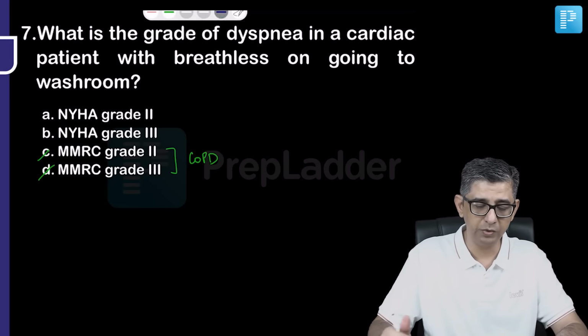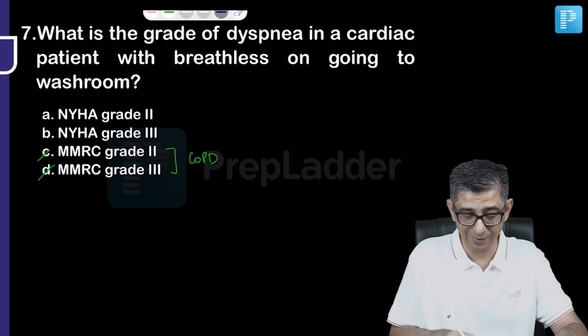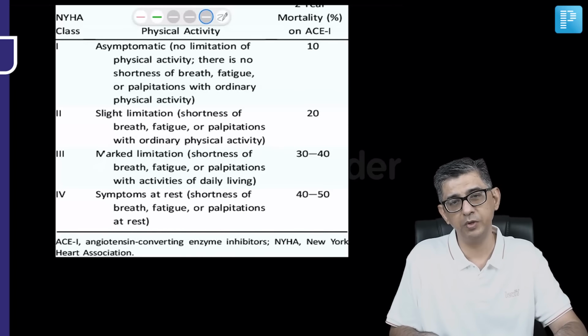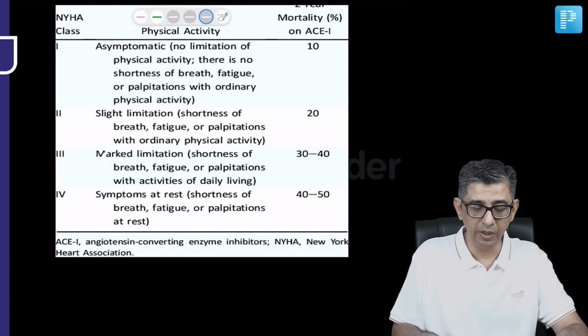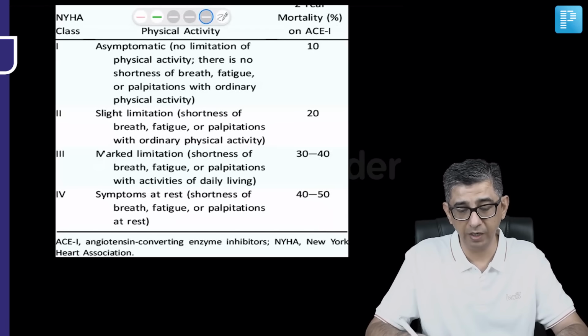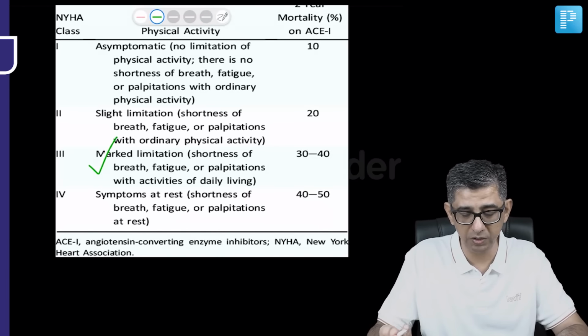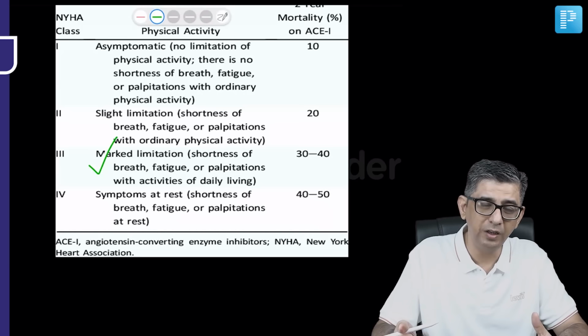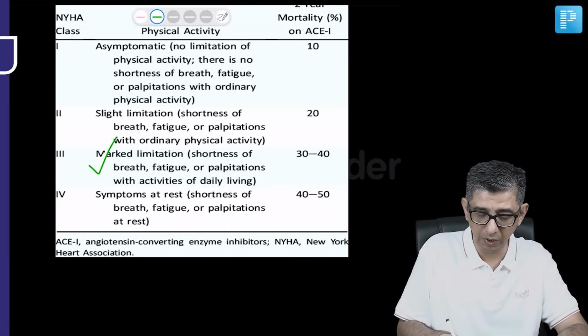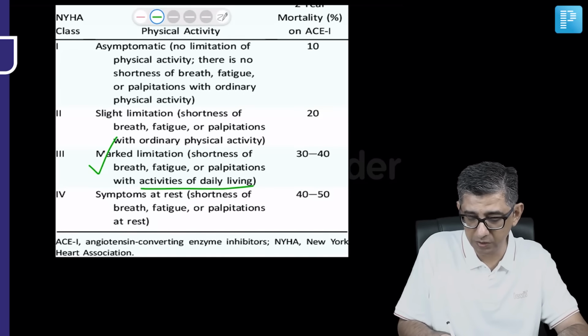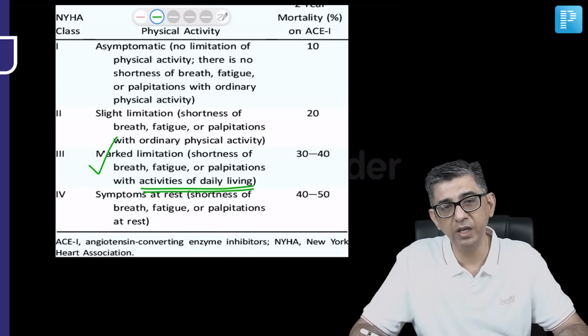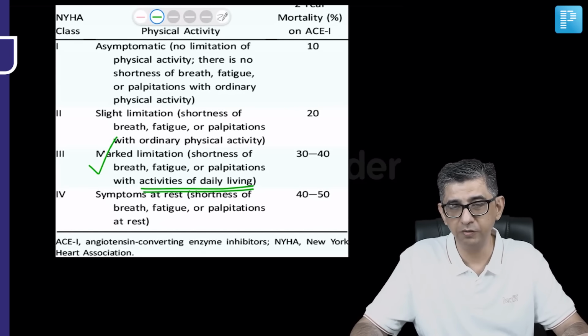The reason why I'm selecting option number B as the answer can be understood from this simple data, that NYHA grade 3 would be marked limitation of activity. When I say marked limitation of activity, it means that even routine activities like going to the bathroom or changing clothes are making the person breathless. If you look at NYHA 1, there's no limitation of physical activity.